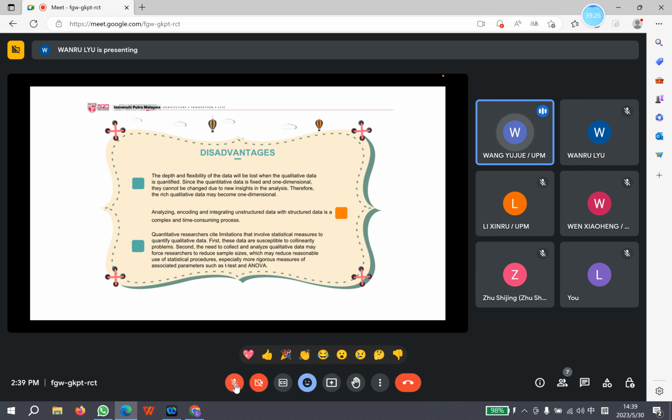Second, the need to collect and analyze qualitative data may force researchers to reduce sample size, which may reduce reasonable use of statistical procedures, especially more rigorous measures of associated parameters such as t-test and ANOVA.